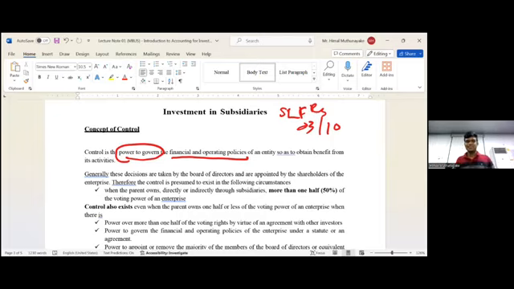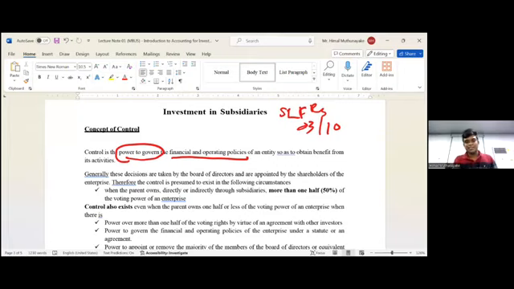But when it comes to marriage, you have a power to govern. So investment in subsidiary, we can call it a kind of marriage. You marry some company, then you have the power to govern the financial and the operating policies of that entity. So how can we decide this control thing? It is very important.